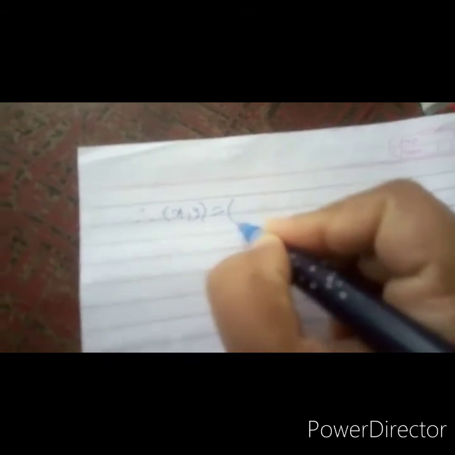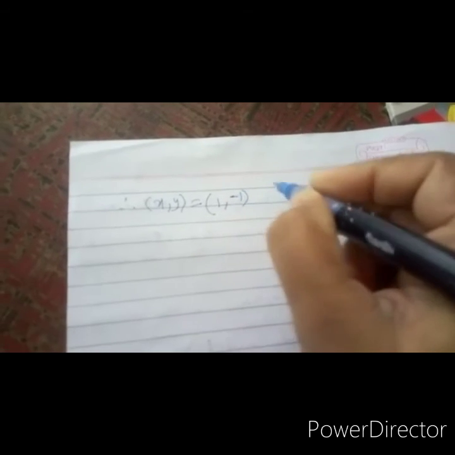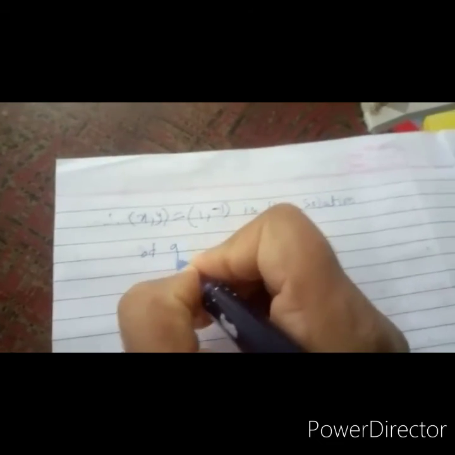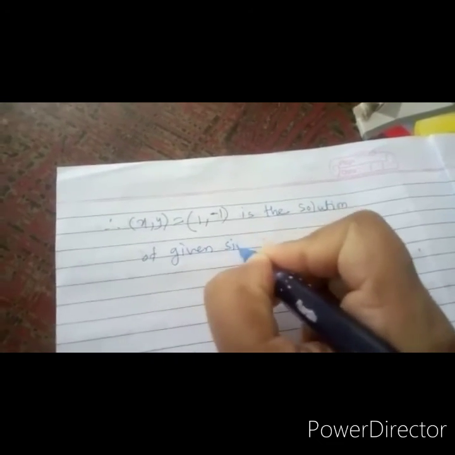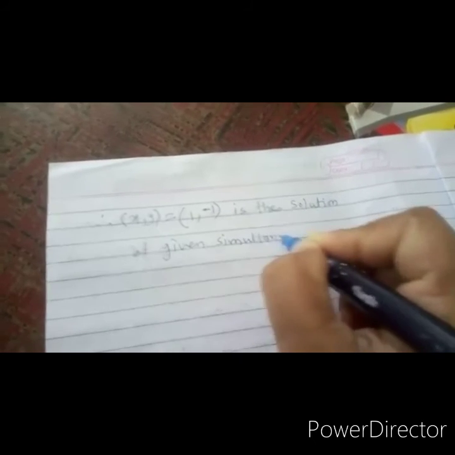Therefore (x, y), that is, here x means 1 and y is equal to minus 1, is the solution of the given simultaneous equations.